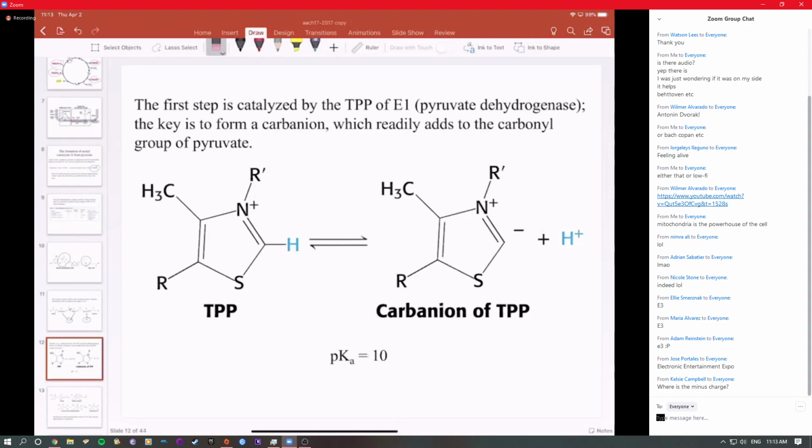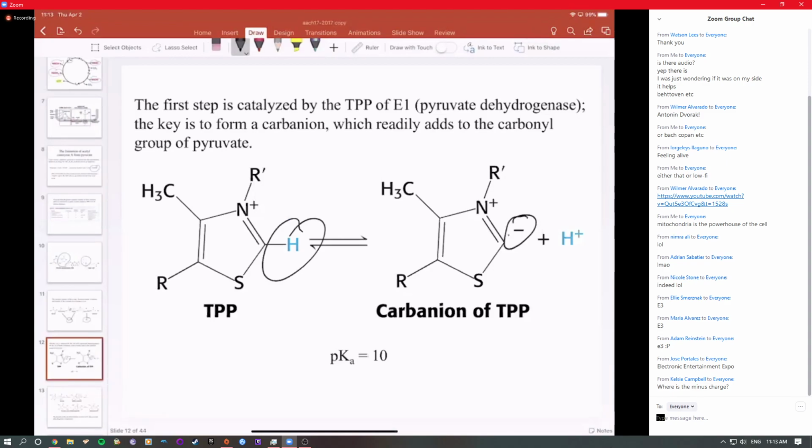But this here has a pKa that's around 10 or so. And so, given a pKa of around 10, it's going to be quite acidic, and you'll be able to make the corresponding anion.